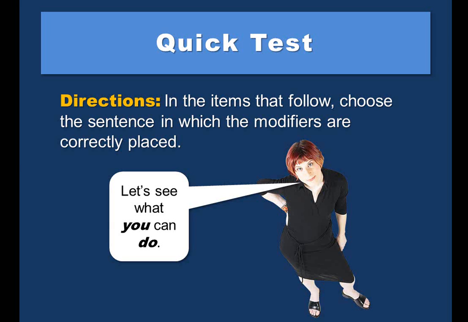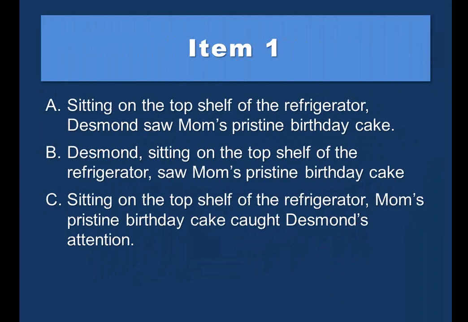Statement A. Sitting on the top shelf of the refrigerator, Desmond saw. How would Desmond sit on the top shelf of the refrigerator? Desmond is the name of a boy. It's an individual. Obviously something is kept on the top shelf of the refrigerator. Desmond cannot sit on the top shelf of the refrigerator. Choice A is ruled out.